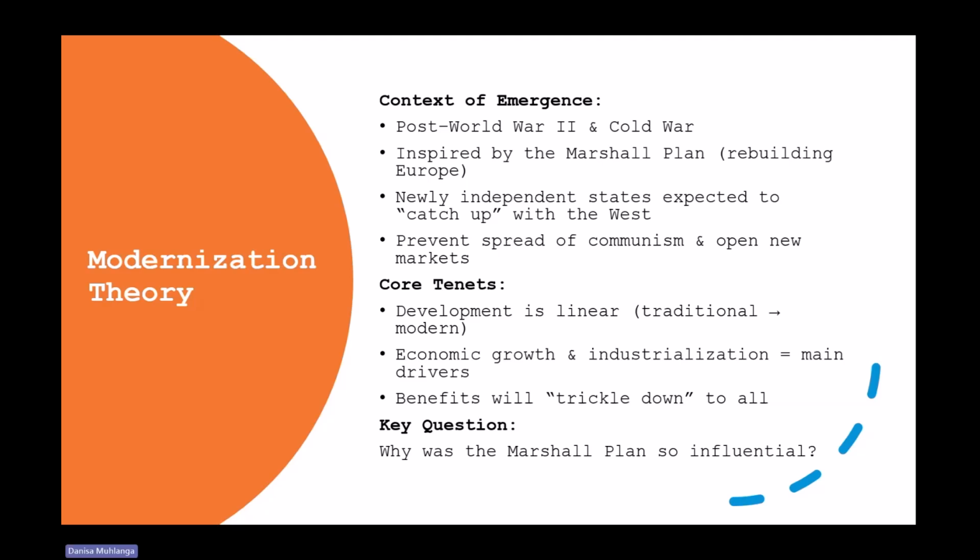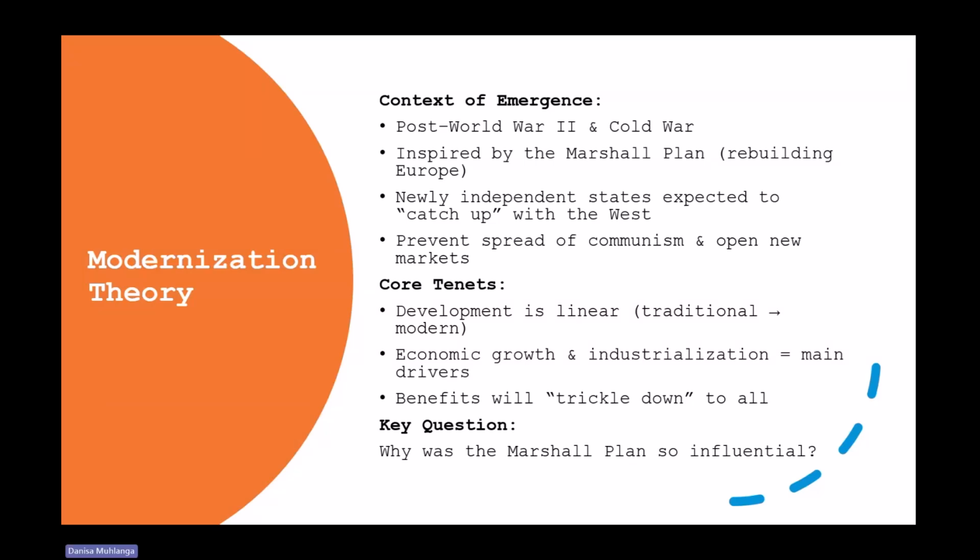It was influential for its success in boosting industrial production and economic growth in post-war Europe. That led the theorists as well as the institutions to believe that a similar approach could be used to develop newly independent countries, right?